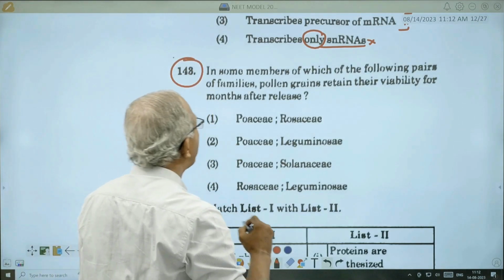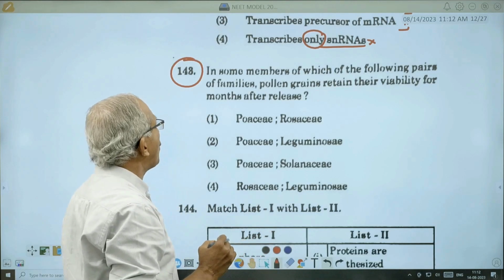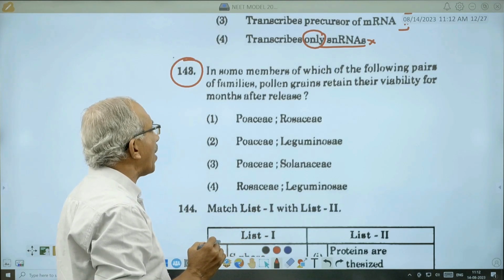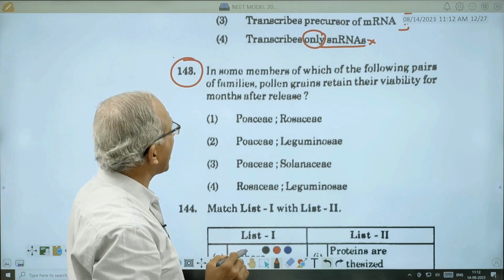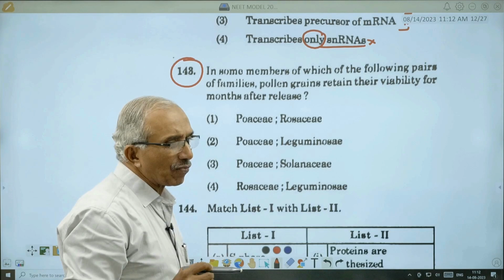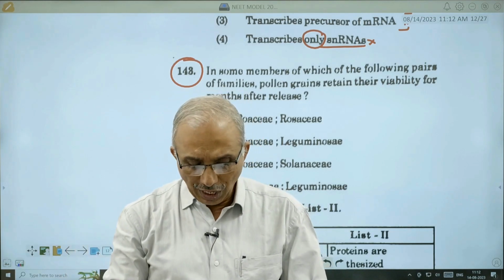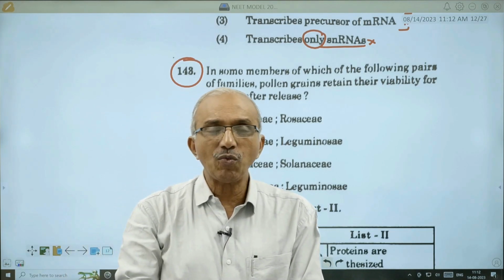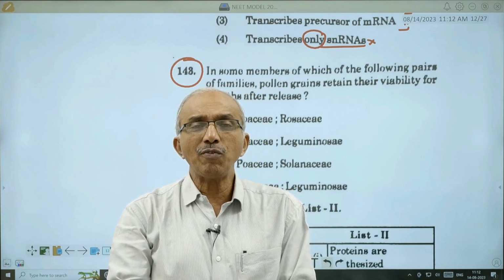In some members of which of the following pairs of families do pollen grains retain their viability for months after release? A question related to pollen viability. What is pollen viability?